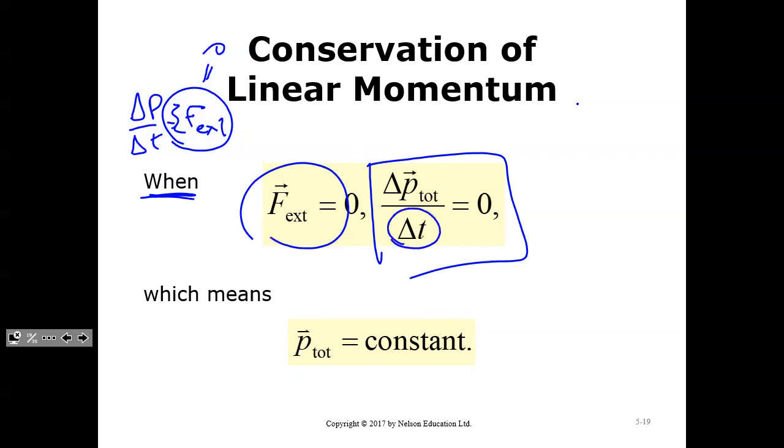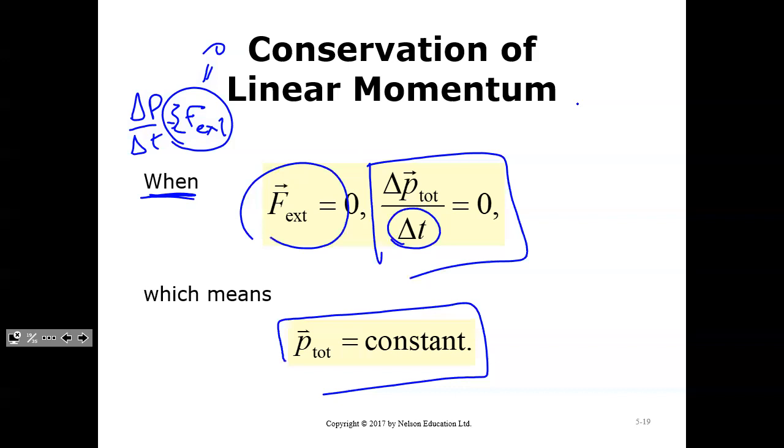If it is 0, what does that mean? The total momentum is a constant. It doesn't change with time. So the total momentum of a system remains constant if there are no external forces acting on the system, with the condition, it is not always true.